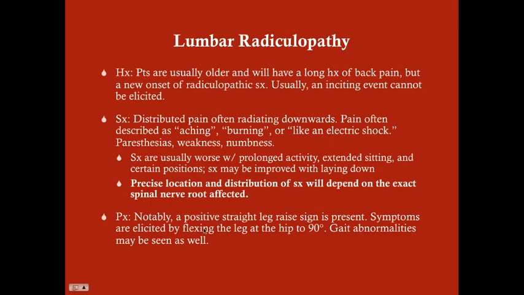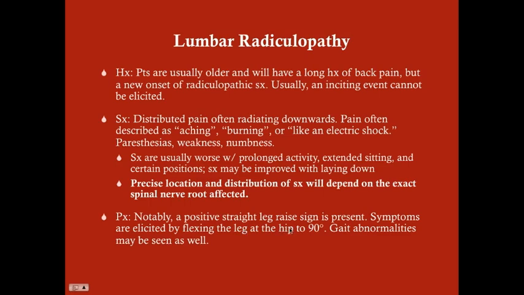Now, when you have lumbar radiculopathy, and when I say lumbar radiculopathy, what I'm primarily referring to is anything L4 or below, or L3 or below. So even referring to sacral nerves as well. What you're notably going to have is a positive straight leg raise sign.